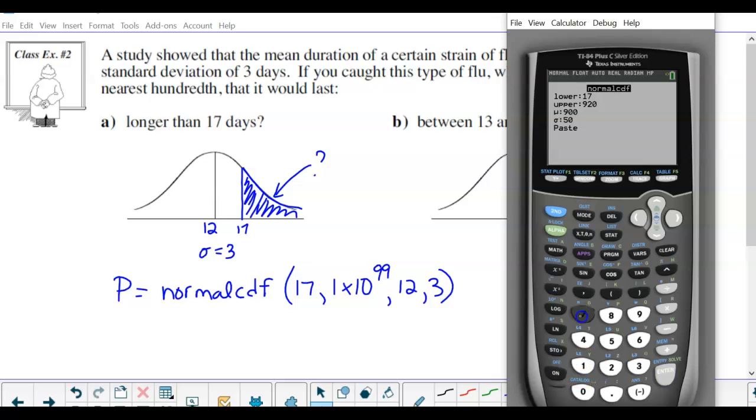So now 17 lower. Remember, instead of times 10 to the 99, you can go second E here, comma. That means times 10 to the 99. In this case, 12 is our mean, and 3 is our standard deviation. It saves the previous mean and standard deviation, so we've got to change those in this newer version.